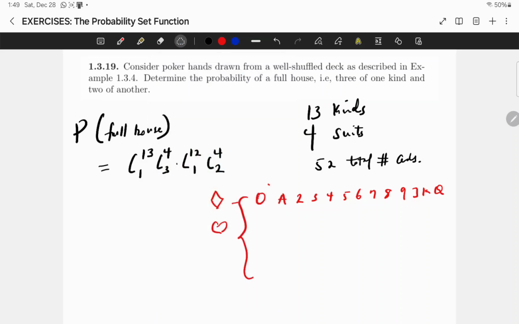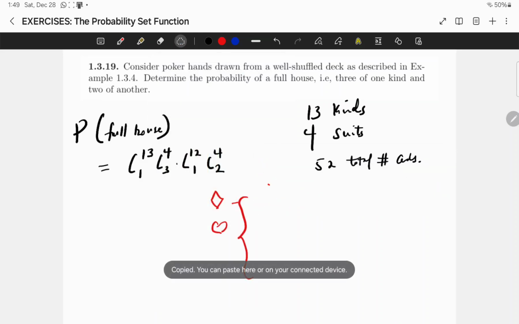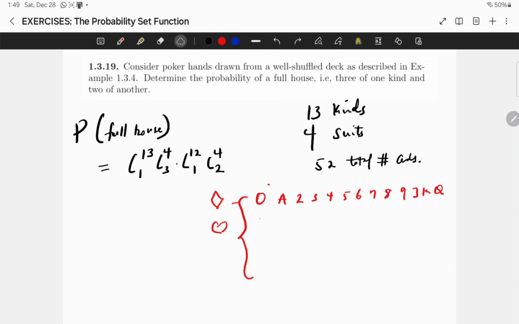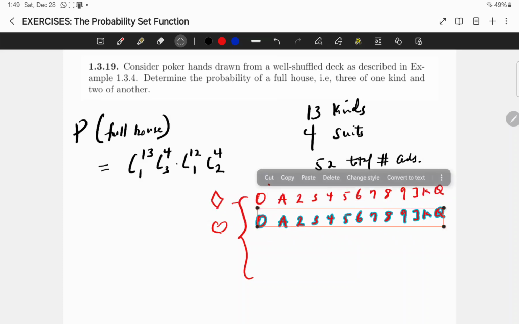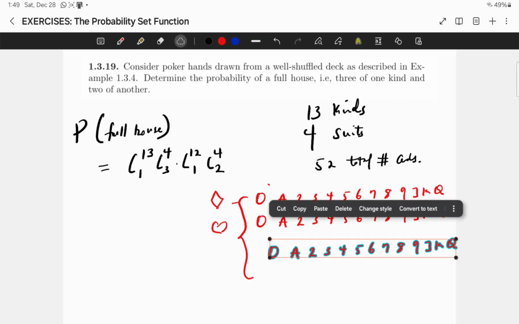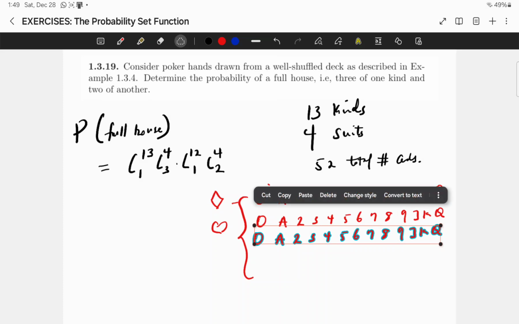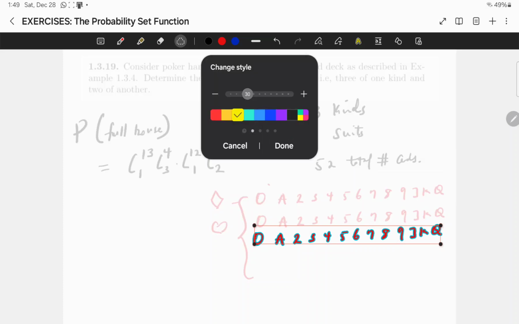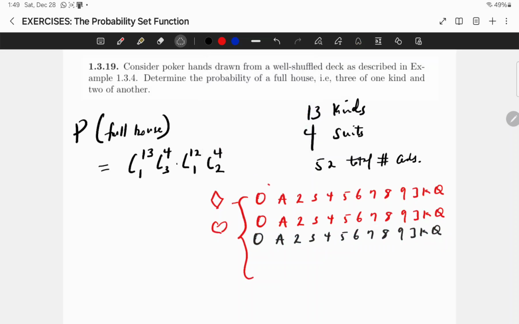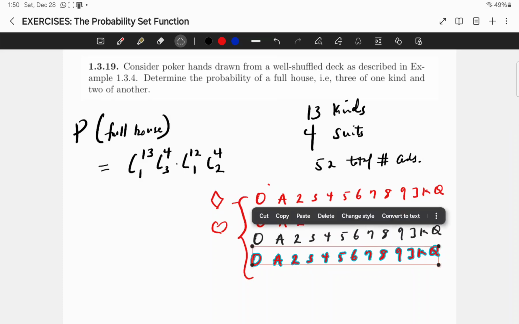So we also have the same set, and the same for spade, and the same for club.